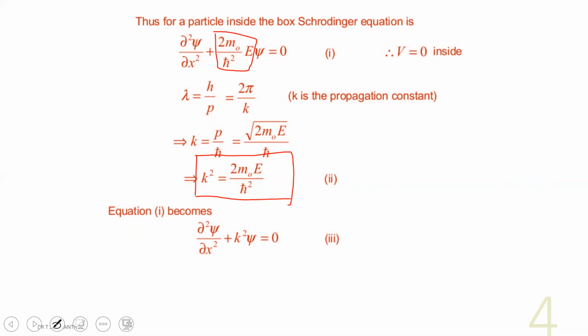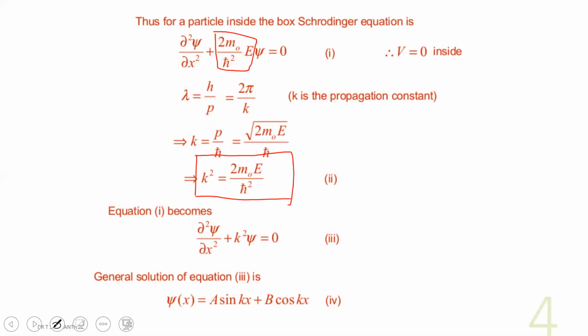This is equation number 3. The solution for equation number 3 can be written as psi of x is equal to A sin kx plus B cos kx. This is equation number 4.